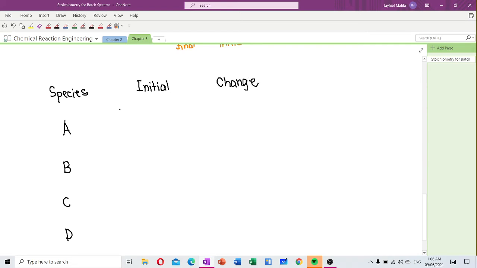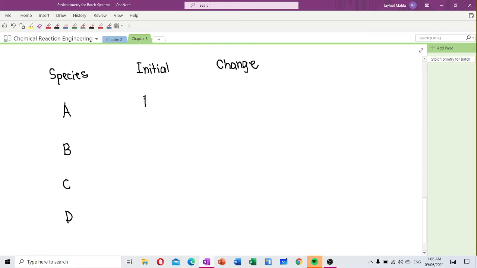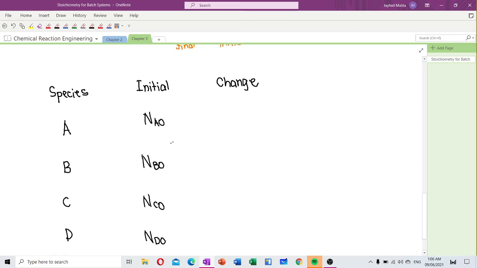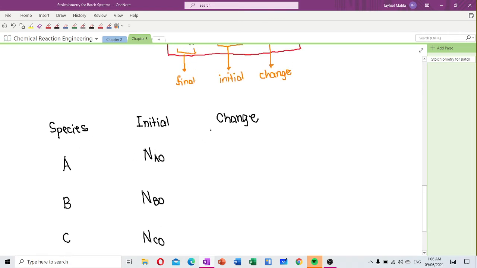The initial values are, of course, Na0, Nb0, Nc0, and Nd0. For the change, for A it's easy because we have derived it already.